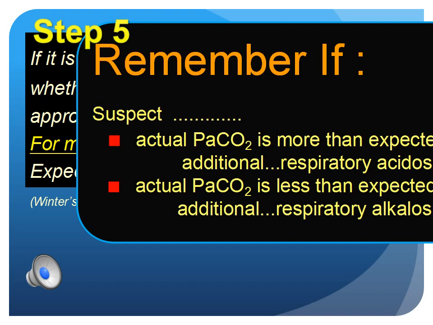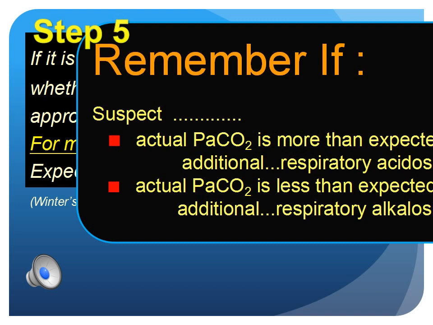So step 5, you have found out that it's a metabolic disorder, metabolic acidosis. So we can find out whether compensation is adequate or not. For metabolic acidosis, the compensation is, as we have learned before, the opposite, that is respiratory alkalosis.